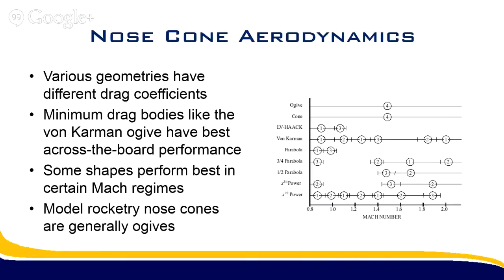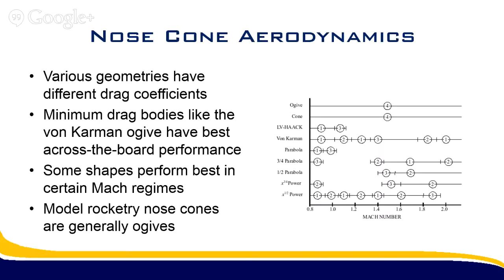There's also the Sears-Haack body, which is similar, but it minimizes drag for a given volume. Of course, you don't see any Sears-Haack nose cones out there, because it's pretty much the same thing as a von Karman ogive. Slightly different in the design equations, but the similar idea.